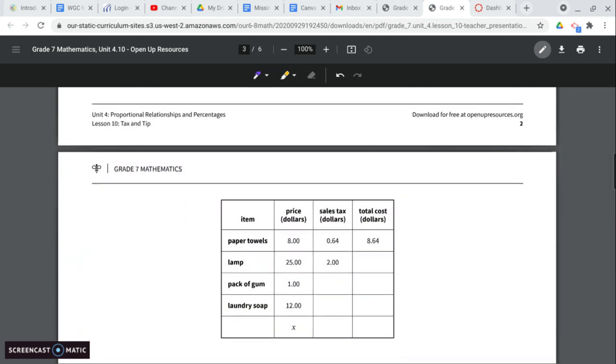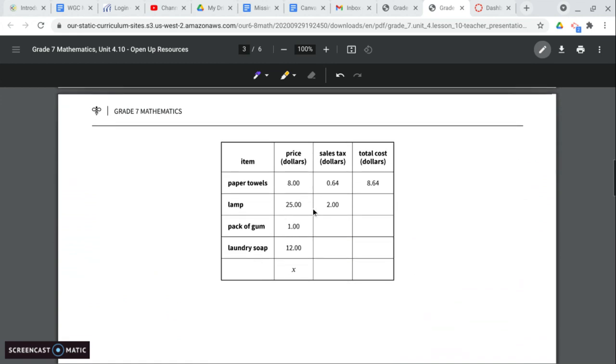So in city 2, still looking at the same items, our sales tax here for paper towels was 64 cents. It was $8.64. For the lamp, it's $2, so 25 plus 2 is going to be $27.